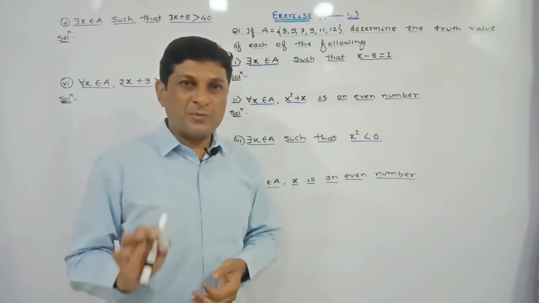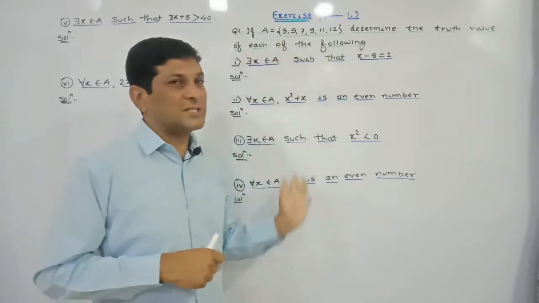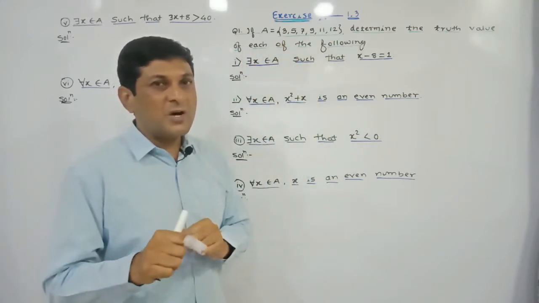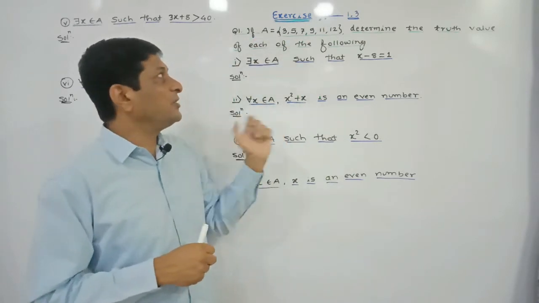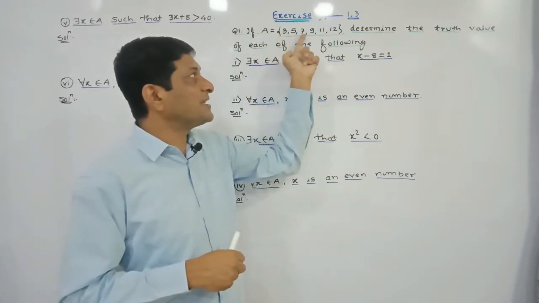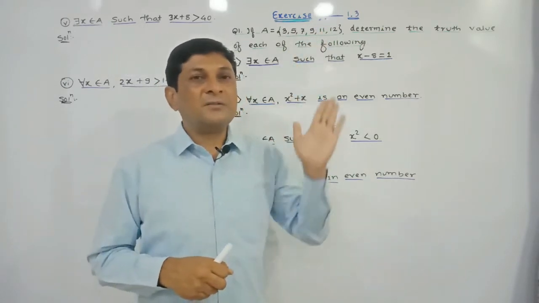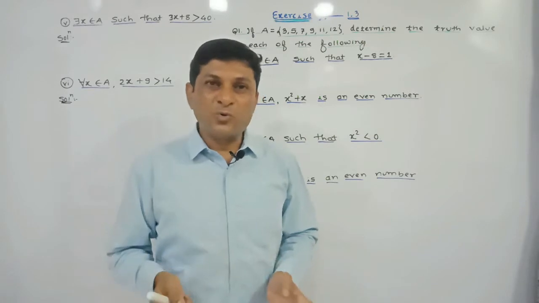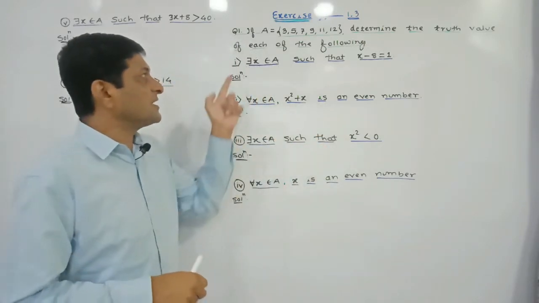In question number one, we have to find out the truth value of the following statements, and we have to find this truth value using the elements of this set. So observe, the elements of set A are 3, 5, 7, 9, 11 and 12. Now let us check whether these statements are true or false for the elements of set A. So observe the first example.